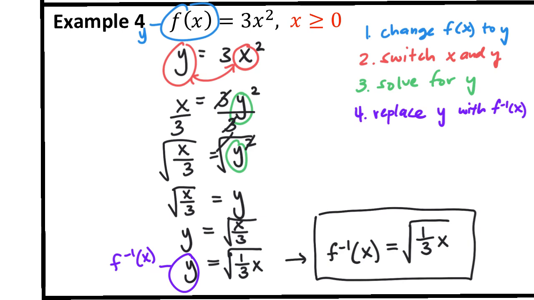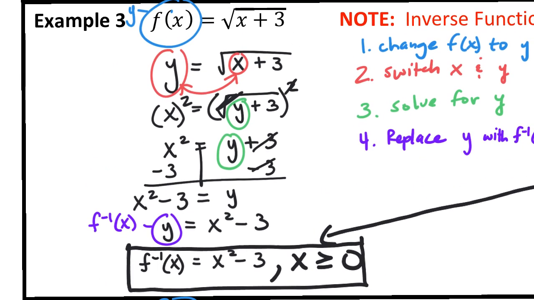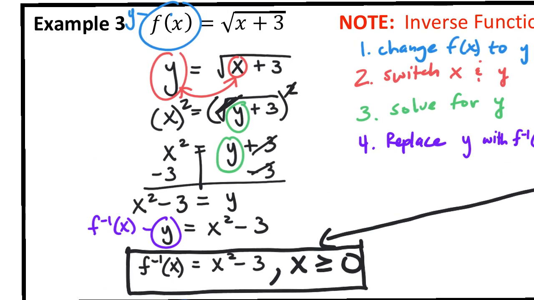Just like we did in example 3, like if I scoot up here, we saw example 3. When we solved example 3, we got a quadratic equation, x squared equation, and that equation had a restriction.